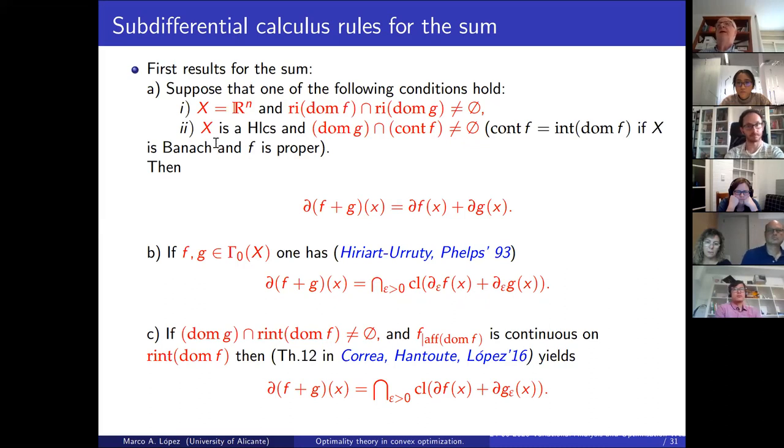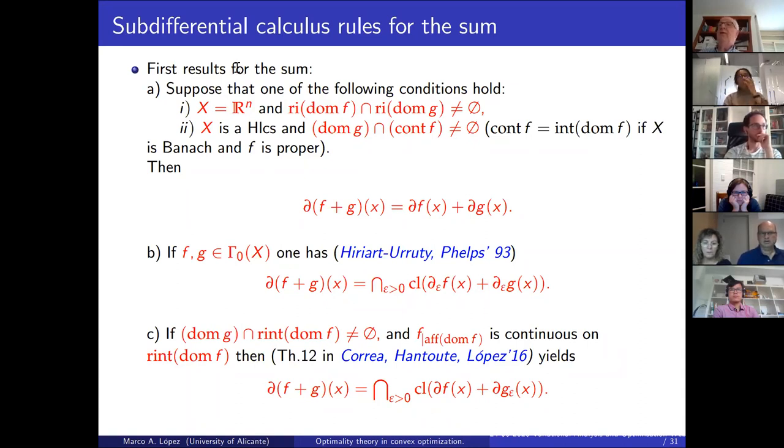And when the space is general, it's enough that the function G be continuous at one point of the effective domain. In the case of Banach spaces, the continuity set of F is the interior of its domain. In all these cases, I have this formula, but we sometimes needed this other formula.